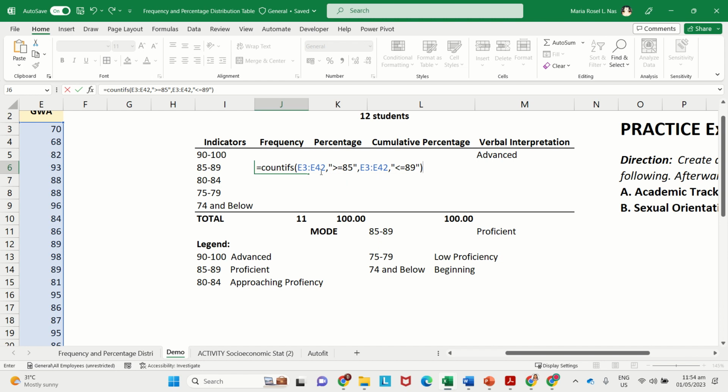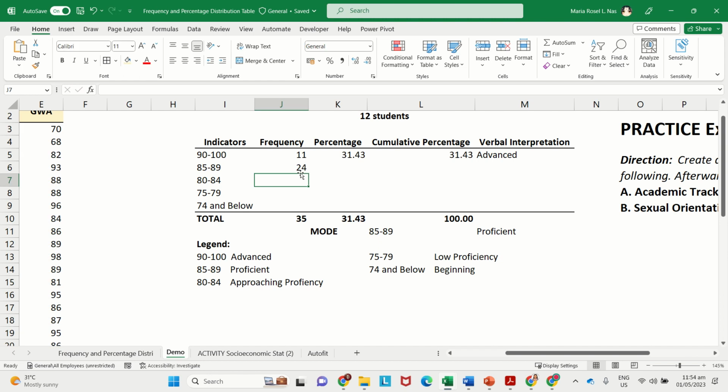So in our COUNTIFS method, we have two conditions: if E3 to E42 contains a value that is greater than or equal to 85 but less than or equal to 89, then we need to count those cells. If we press enter, it will now automatically give the results of the counting.